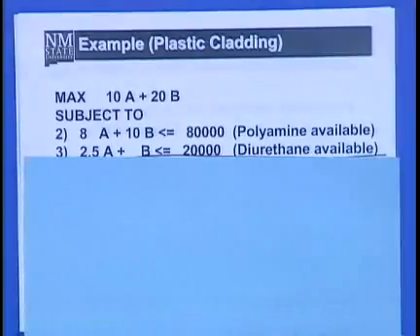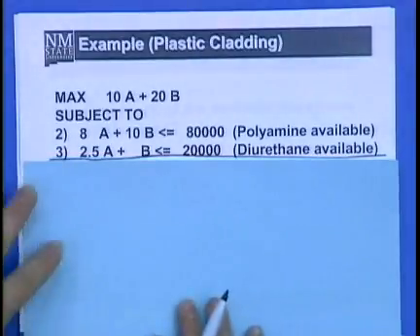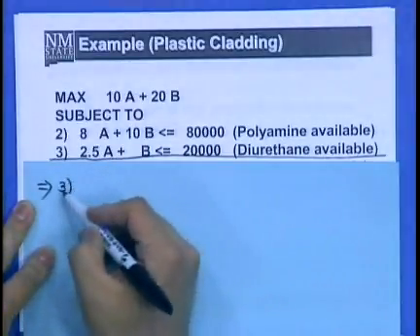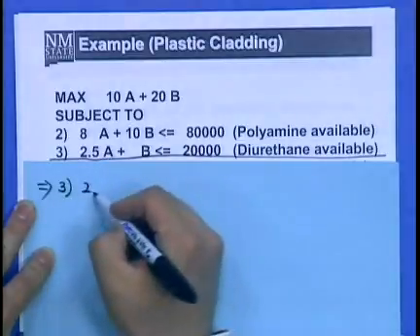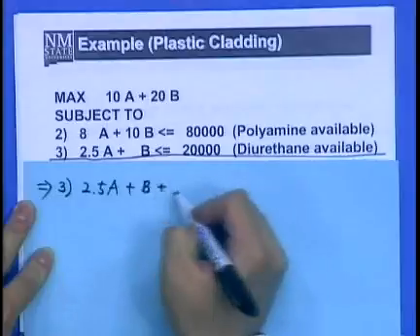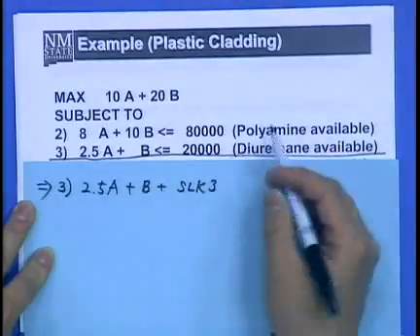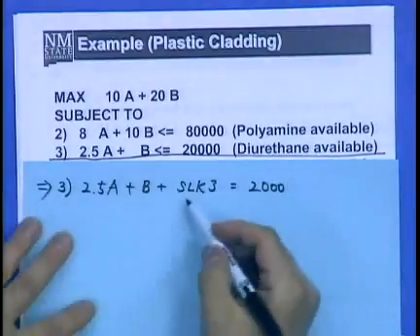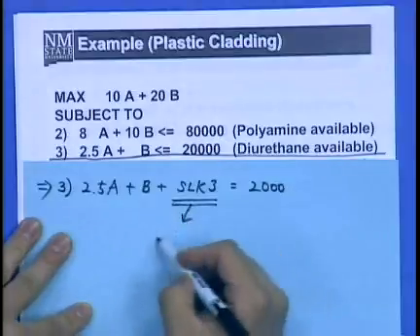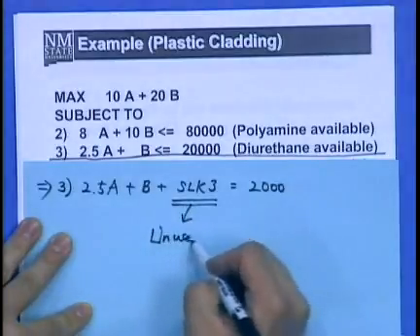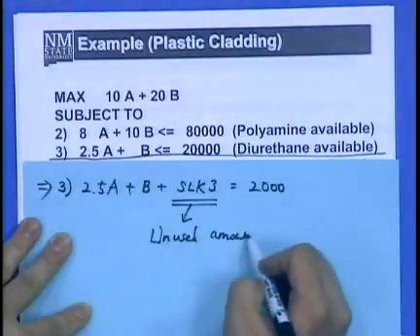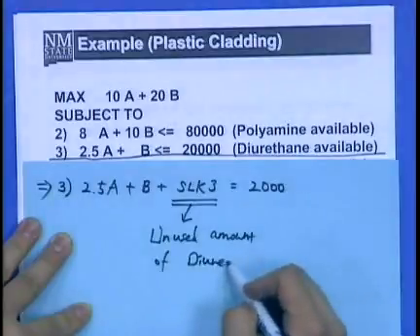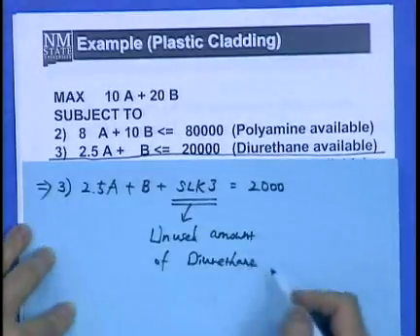We have unused, so let's introduce slack variable to make equality constraint. Becomes B plus slack 3 equals 2,000, right? And here slack 3 is the unused amount of diurethane. Is that right?